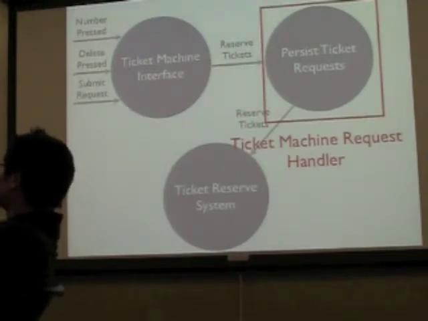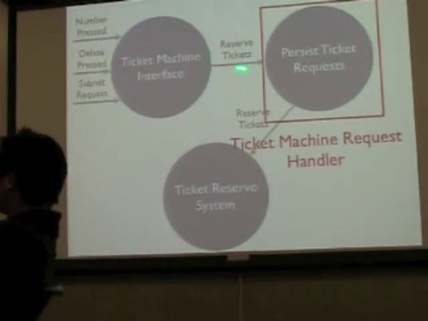Right? So I come back here, I don't know that the persist ticket request or the ticket reserve system exists yet. I'm going to write those after I do the ticket machine interface. All I'm asking is, what dependency does this ticket machine interface need in general? What is it that it needs to talk to in order to do its job?